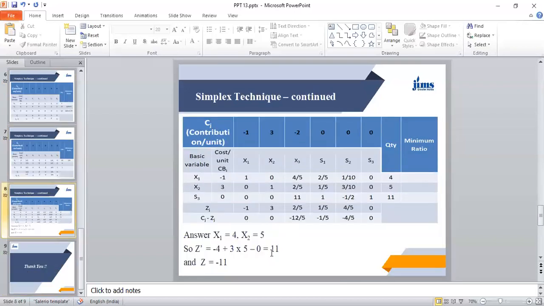So 3 into 5 is 15, minus 4, is 11. So z prime is equal to 11, and therefore z is equal to minus 11. So minus 11 is the correct answer. The minimization minimum value is minus 11. So this is the optimal solution.